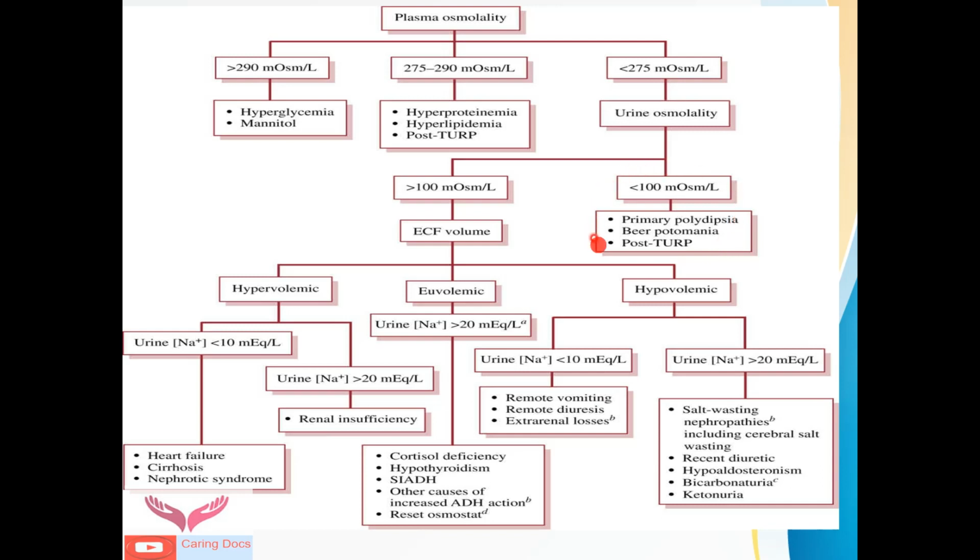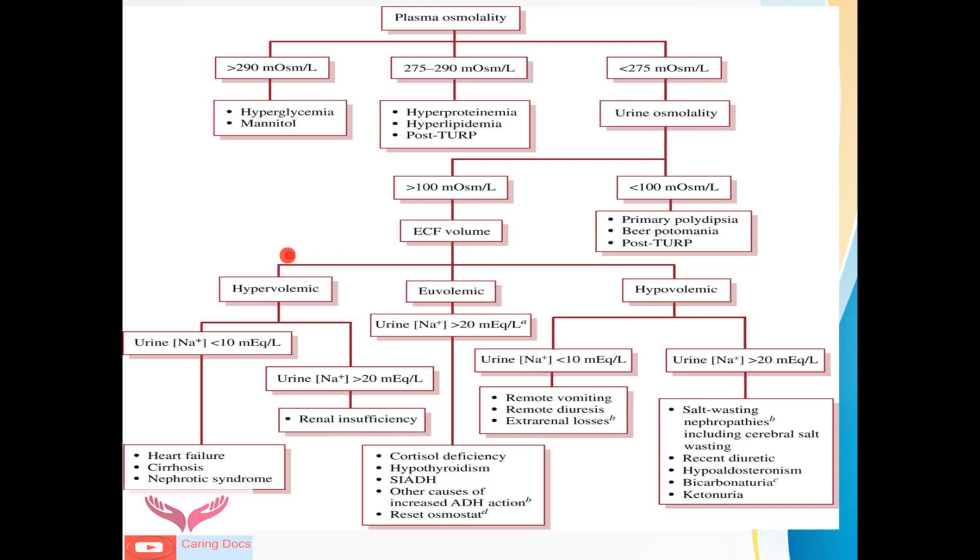So this is again not a thing which is to be bothered much. So when the patient has a plasma osmolality of less than 275, meaning true hyponatremia, and his urine osmolality is more than 100 milliosmol, then you have to see the extracellular fluid volume or hydration status of the patient.